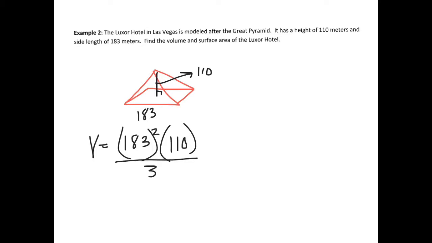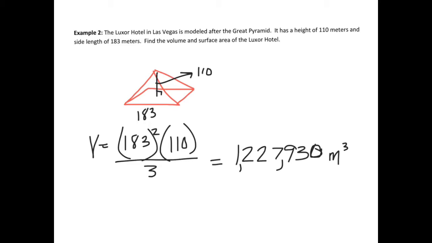So 183 squared times 110 divided by 3, and that is 1,227,930 meters cubed.